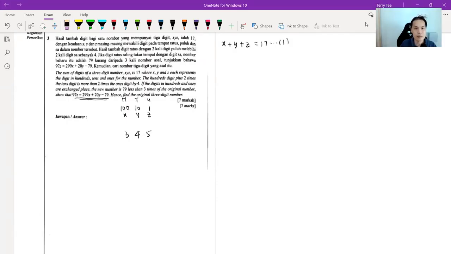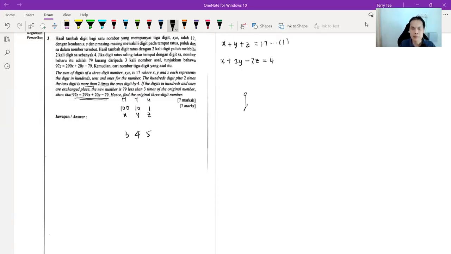Okay, so they say the 100 digit plus 2 times the 10 digit is more than 2 times the 1 digit by 4. The 100 digit is x, so x plus 2 times the 10 digit, which is 2y. So here's the thing.